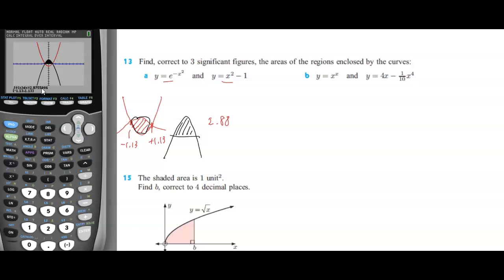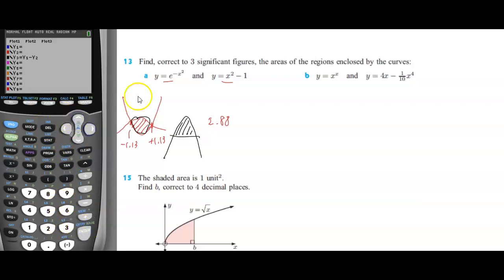All right, let's do the next one. For this one, we're going to do the exact same thing. We're going to graph these in the calculator first so that we can find the intersection points, because that's the first step. So I'm just going to turn off y1 minus y2. We might use it later, so I'm not going to delete it, but I'm going to toggle it by hitting enter, and now it's not going to show up anymore.